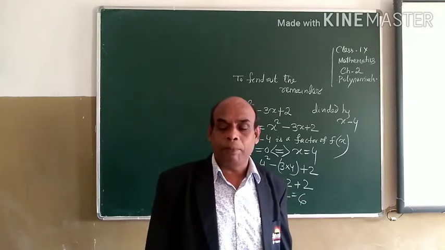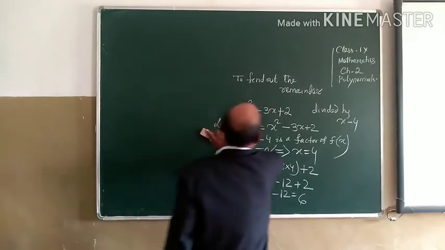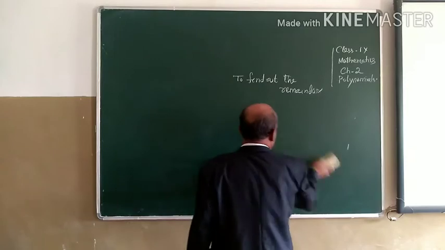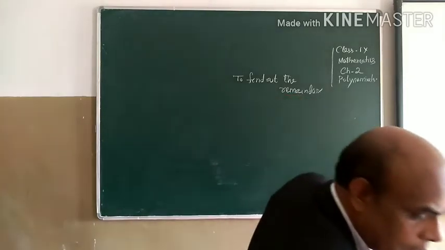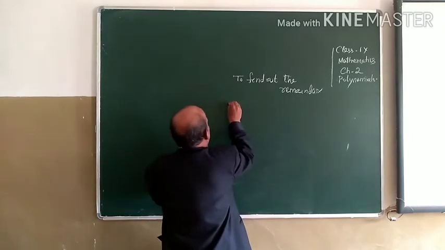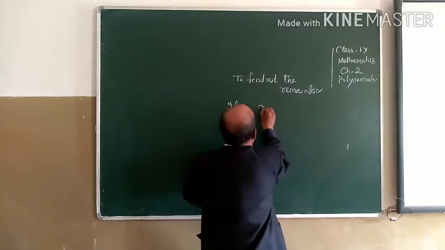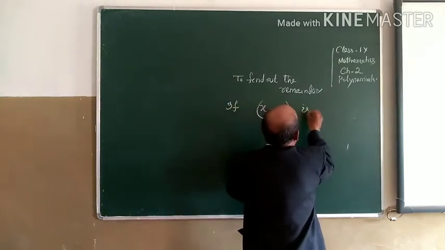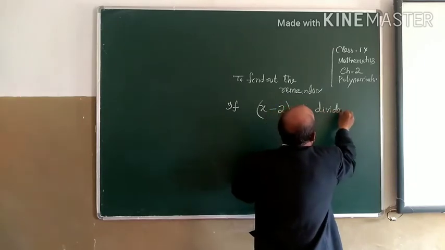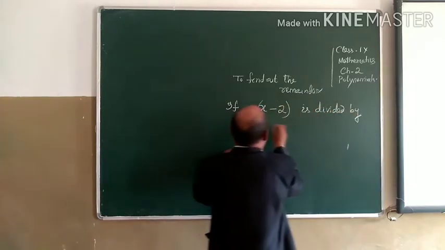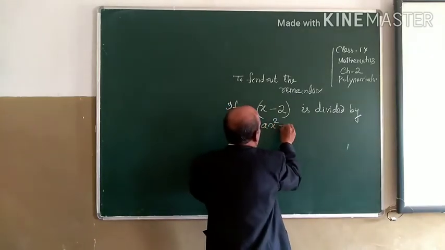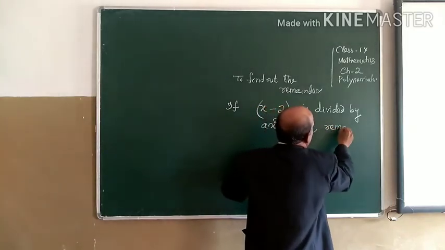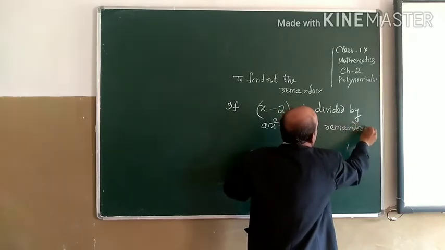Next, another example. Suppose the question is like this: if a x square minus 7x plus 3 is divided by x minus 2, the remainder is 4.